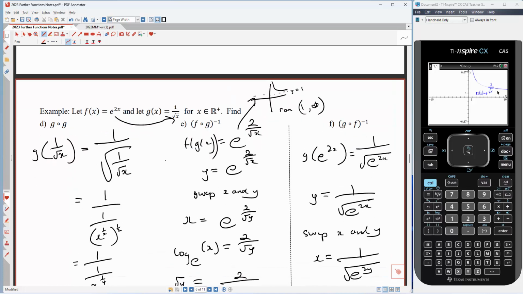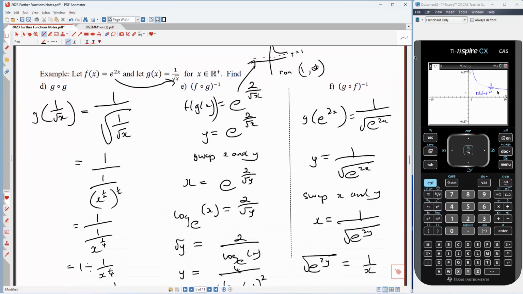Alright, let's have a quick think. I need to work out the domain of this, I need to work out the range of this. So this is 1 over root e to the 2x. Now e to the 2x looks like this. Now when we square root these values, it should look pretty similar.